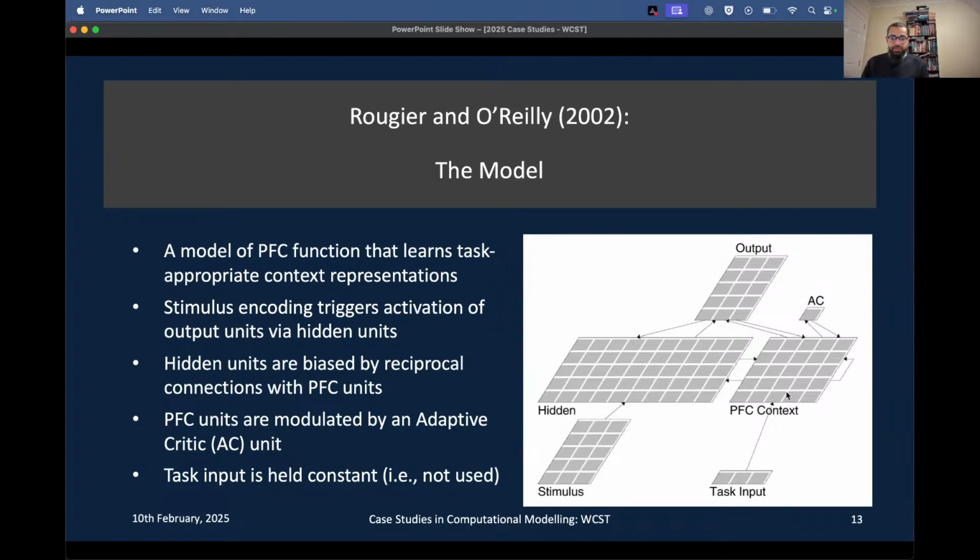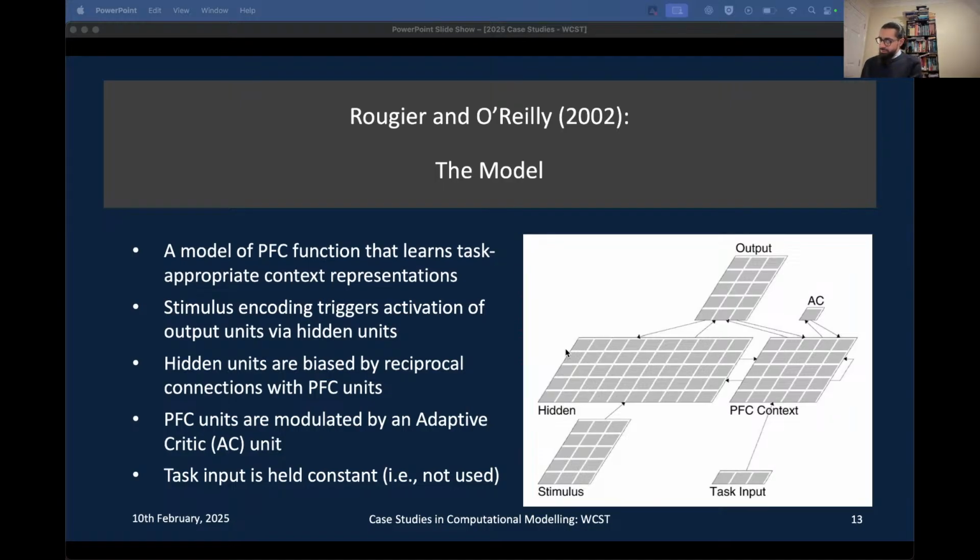So, task input here, stimulus goes into the hidden layer, which then relays back to the prefrontal cortex. It's a situation really where the prefrontal cortex is not directly involved but actually simply playing a part.